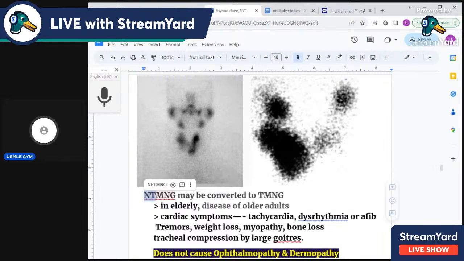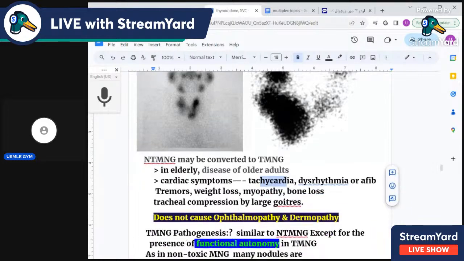The non-toxic multinodular goiter may be converted to toxic multinodular goiter, and this occurs more in the elderly. It's a disease of older adults with cardiac symptoms: tachycardia, dysrhythmia, or atrial fibrillation.